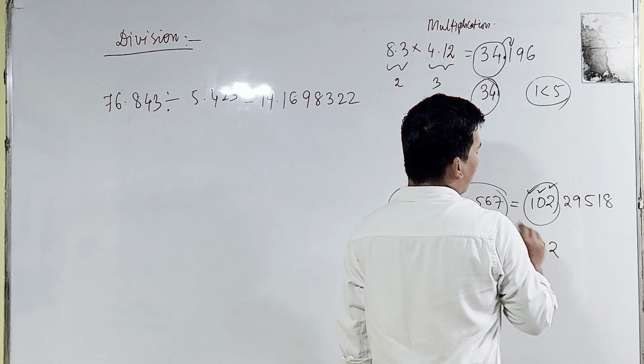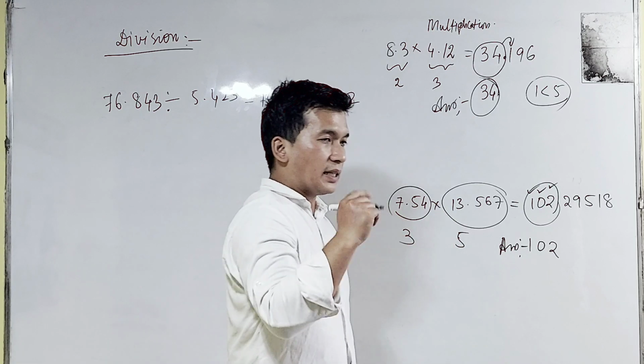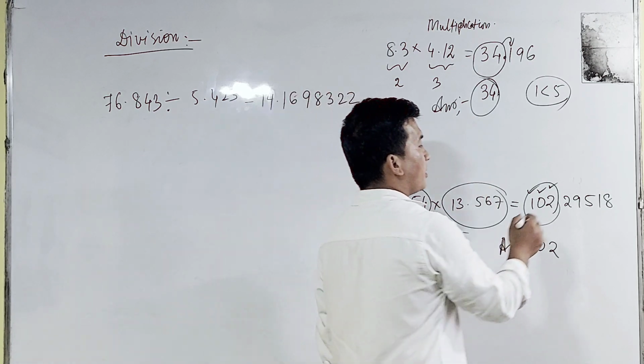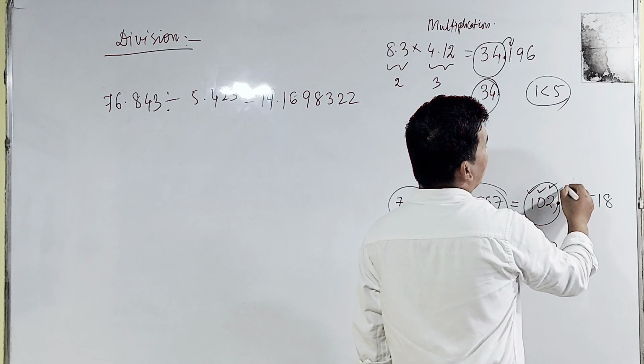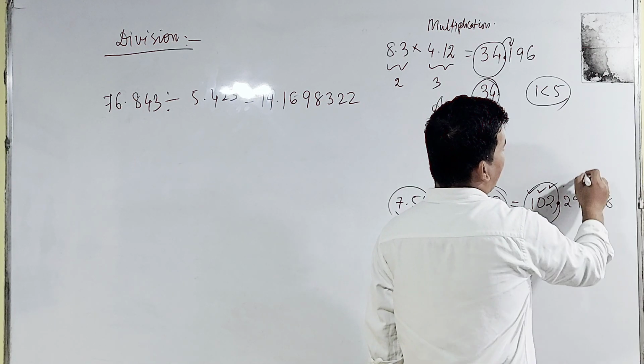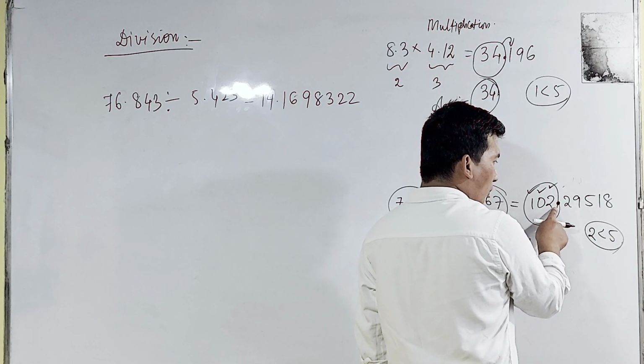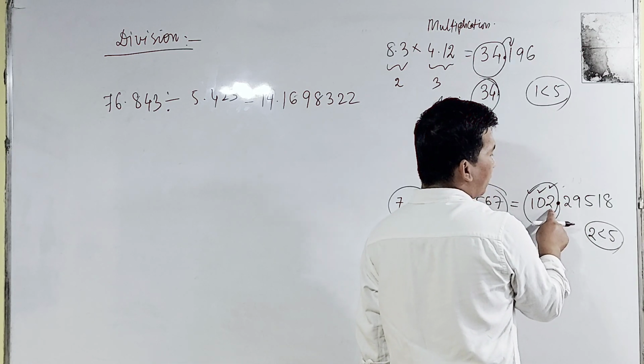And before concluding any answer, you have to check the next digit that is left behind. The next digit that is left behind is 2, and this 2 is less than 5. So we are not going to add 1 to the preceding digit.